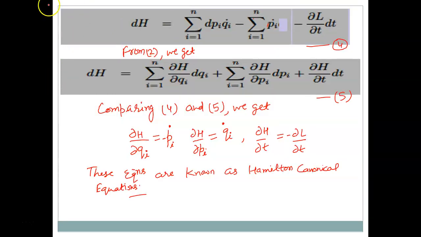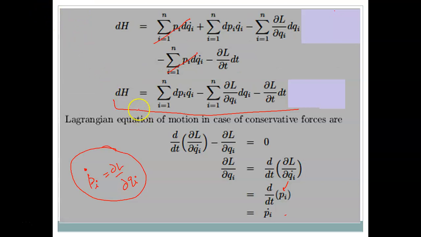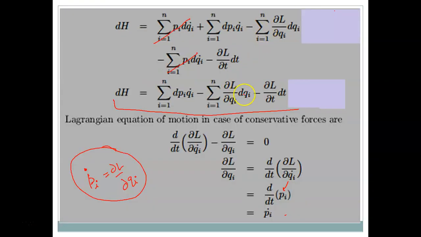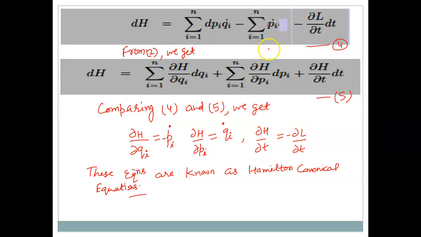So in that equation, dH is dpi qi dot. Now this del L by del qi, we know comes out to be pi dot. So in place of this you write pi dot, and what else is with this? This is dqi, so here we shall write dqi.